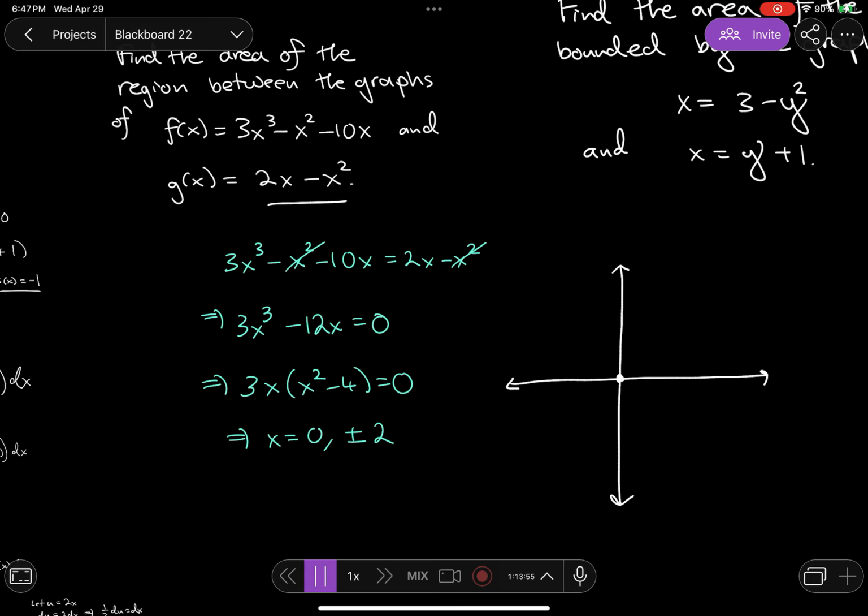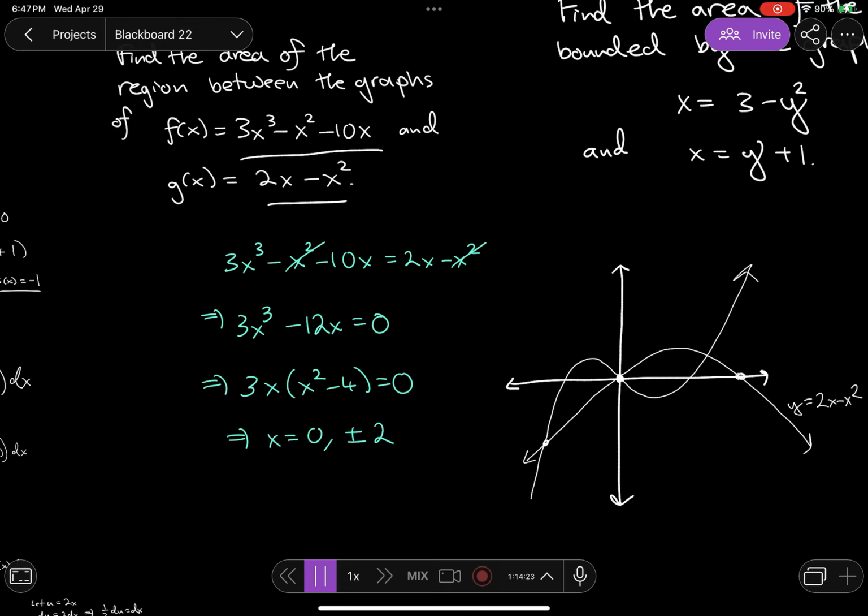Here, let me graph this one better, just so I can see the intersections. All right, I'm really emphasizing my parabola here. So here's my y equals 2x minus x squared. And I have this cubic right here. It's going to look something like this.